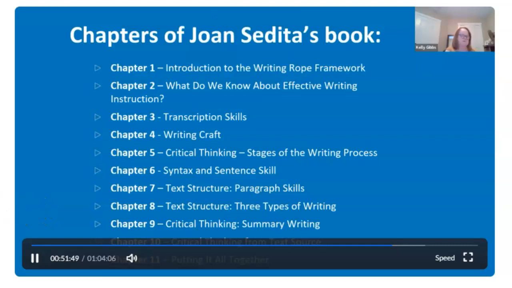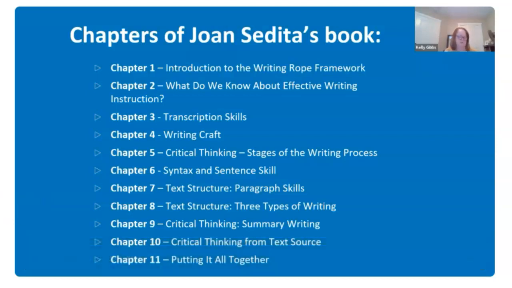I apologize, I was going to have a sticky there and I forgot to do that. The three types of writing that are referred to: narrative, informational, and opinion. And she works through a number of different strategies that you can do in the classroom, and even how to introduce some of these ideas. Any questions about the Writing Rope?